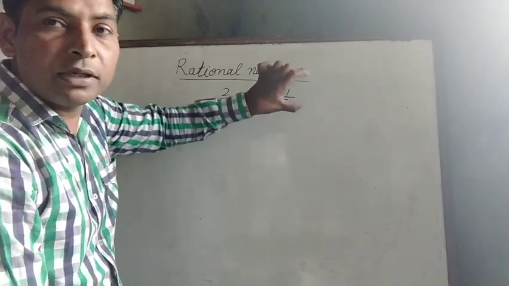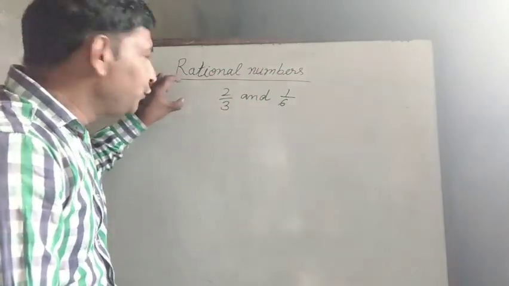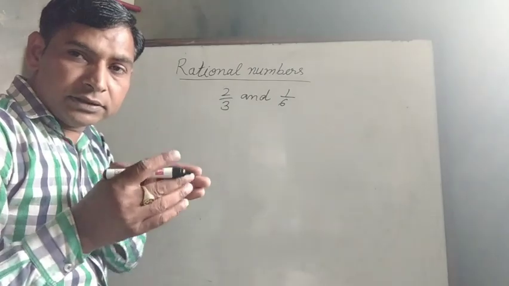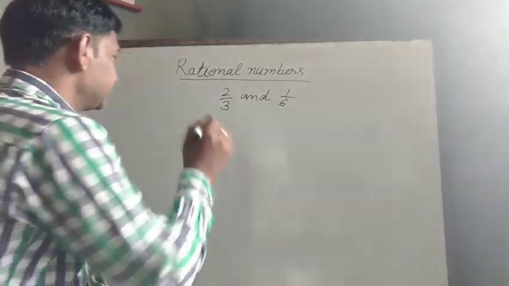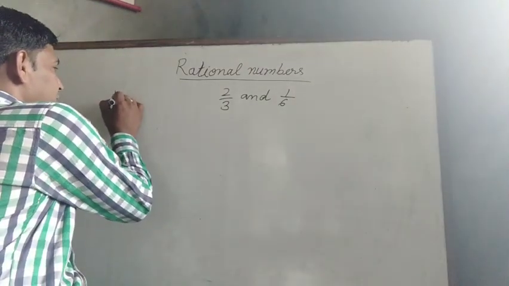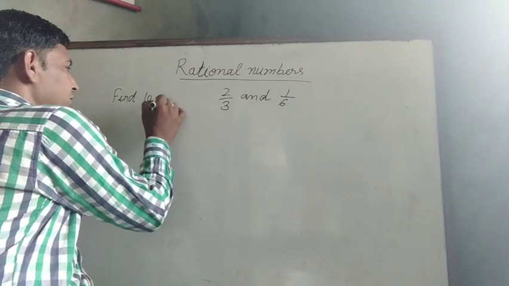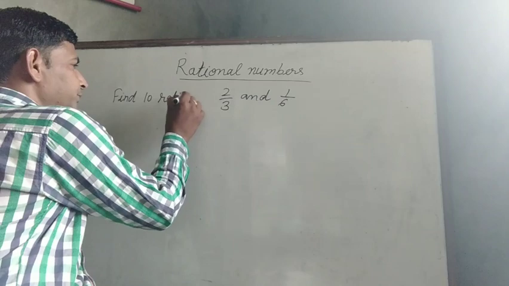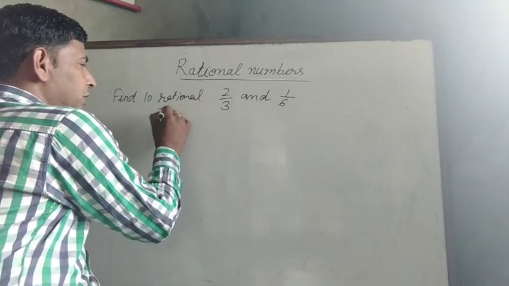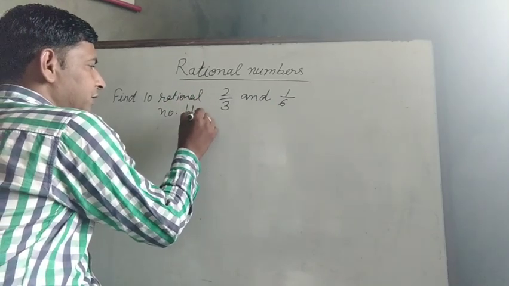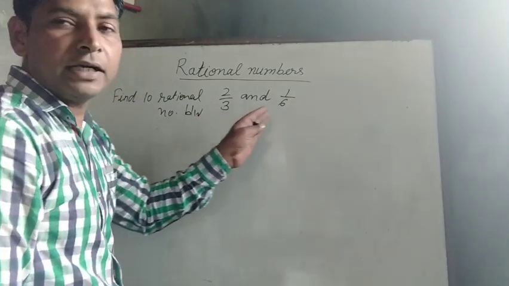Between these rational numbers, we want to find 10 rational numbers. Find 10 rational numbers between 2 upon 3 and 1 upon 6.